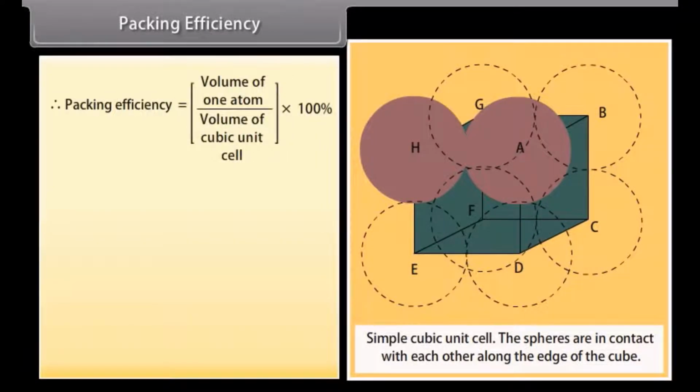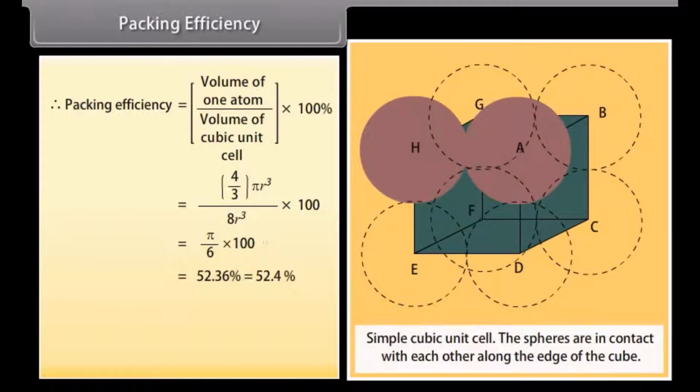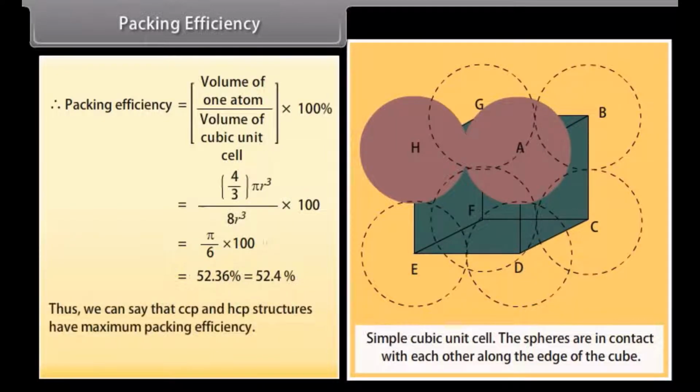Therefore, packing efficiency is equal to volume of one atom upon volume of cubic unit cell × 100%, which is 4/3 πr cubed upon 8r cubed × 100, which is equal to π/6 × 100, which equals 52.36%, which is equal to 52.4%. Thus, we can say that CCP and HCP structures have maximum packing efficiency.